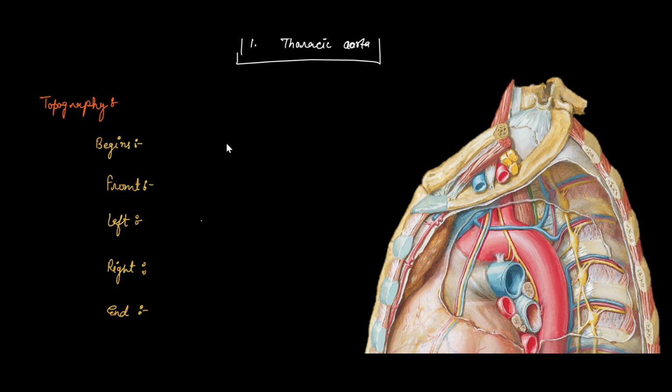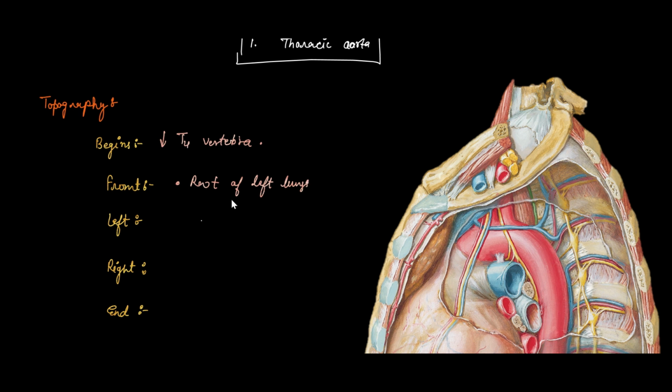So as we discussed before, the arch of the aorta, at the level of the fourth thoracic vertebra, or the lower border of the T4 vertebra, gets converted to the thoracic aorta. In front of the thoracic aorta, we discussed that in the upper part lies the root of the left lung, which is clearly visible in the picture shown here.